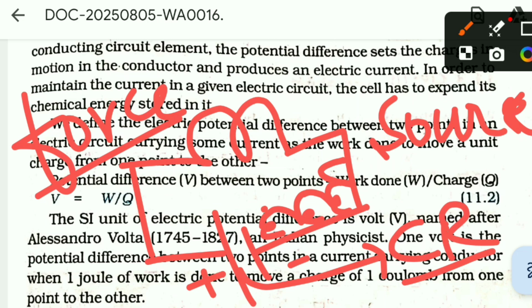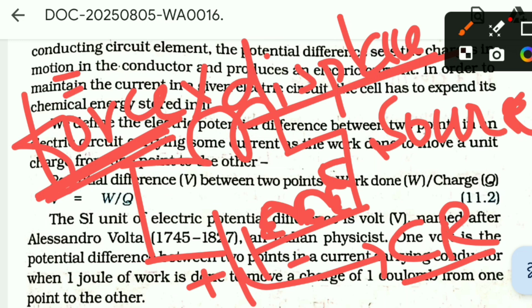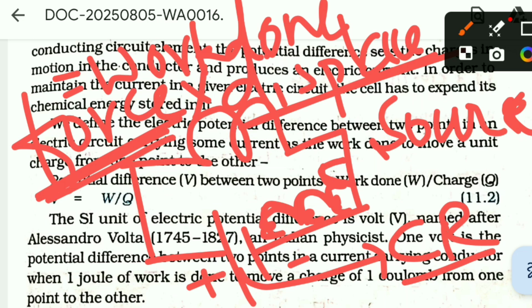Because of this force, electrons are moving from point to point and electrons are displacing, right? Force into displacement is called work done.